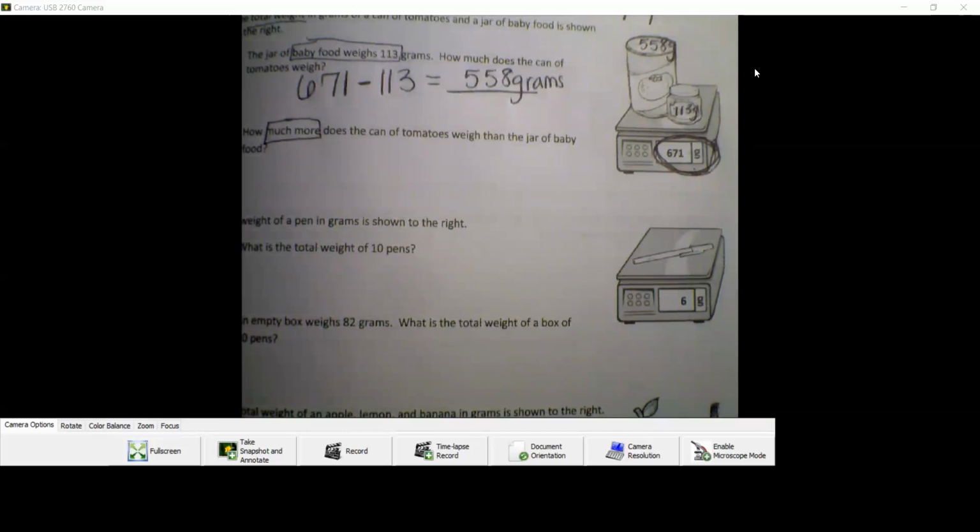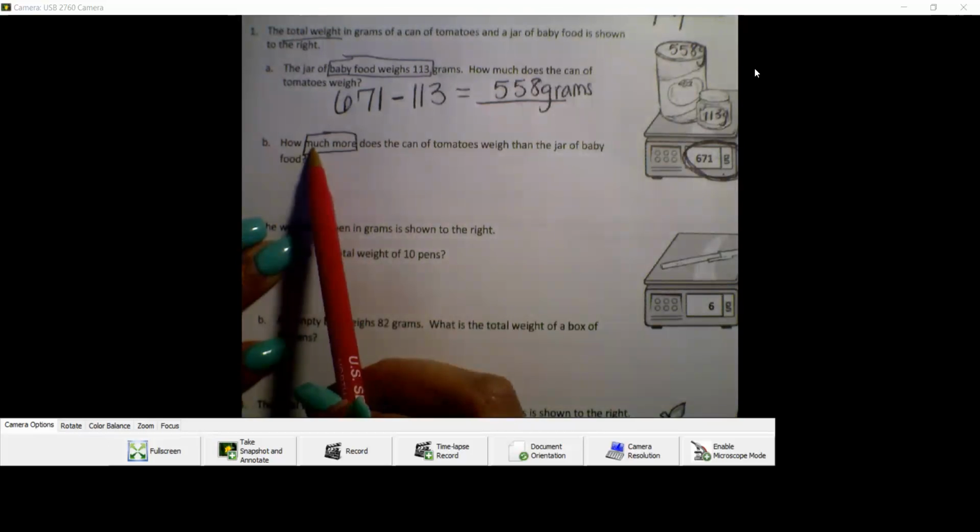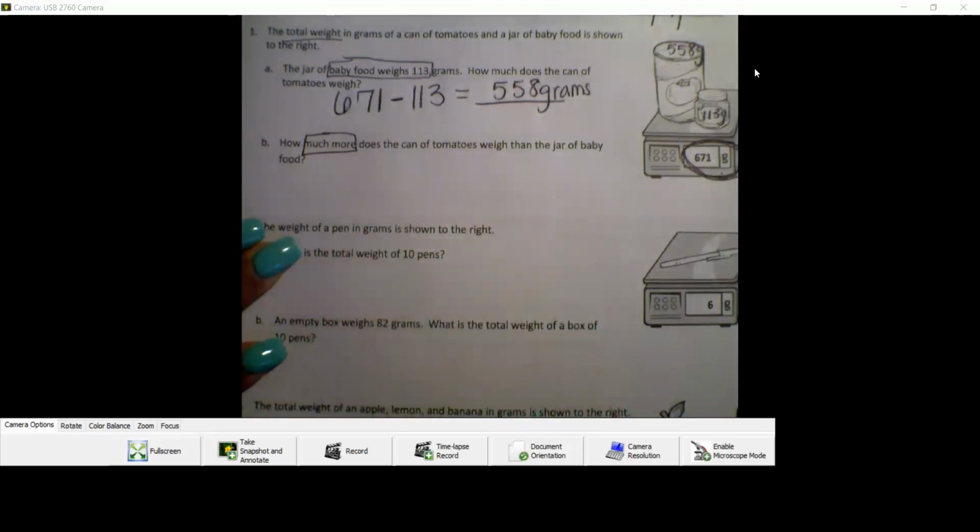If you said subtraction, you are correct. And our key word there was how much more. You see that I boxed it in. How much more? That's our key word for a subtraction problem.